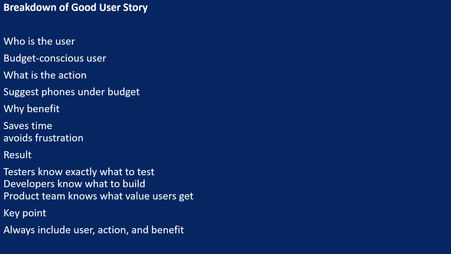A budget-conscious user. What is the action? Suggest phones under budget. And what is the benefit? It saves time and avoids frustration. So the result is that testers know exactly what to test, developers know what to build, and the product team knows what value users get. The key point is to always include user, action and benefit.